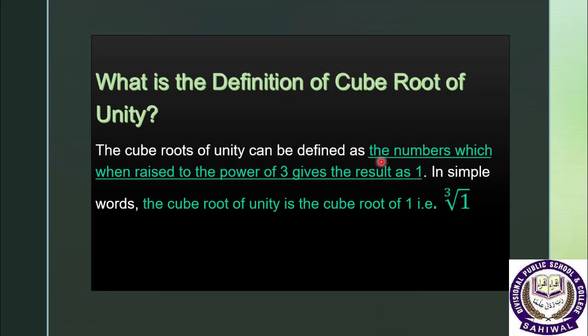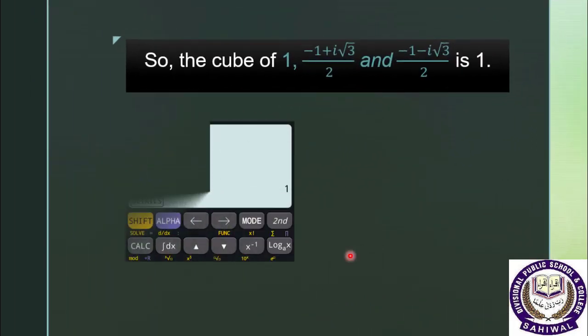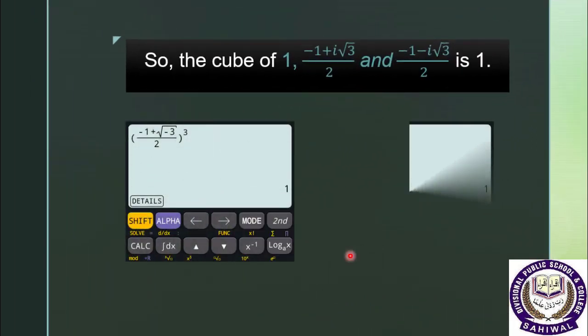Keeping this definition in mind, we can easily understand that the cube of 1, minus 1 plus iota under root 3 over 2 and minus 1 minus iota under root 3 over 2 is 1. We can justify it by using the calculator.